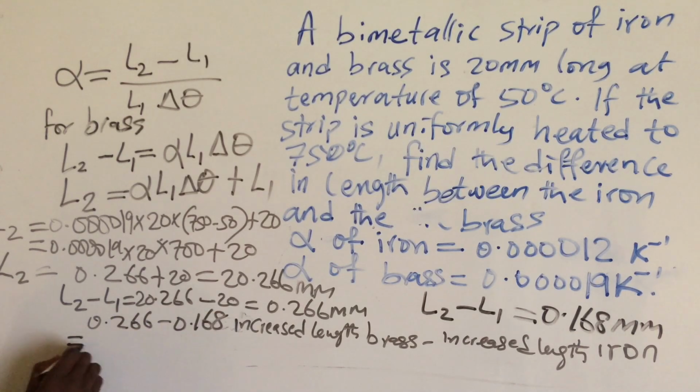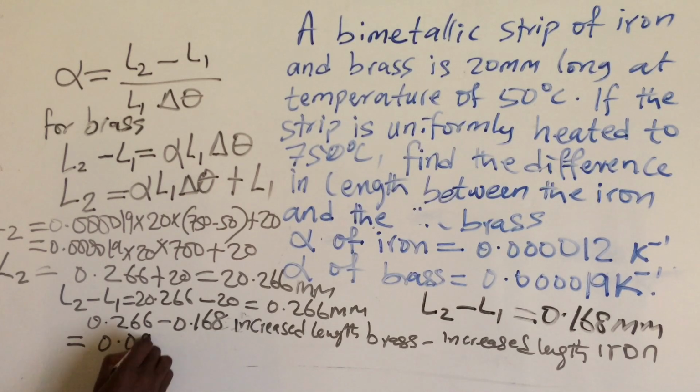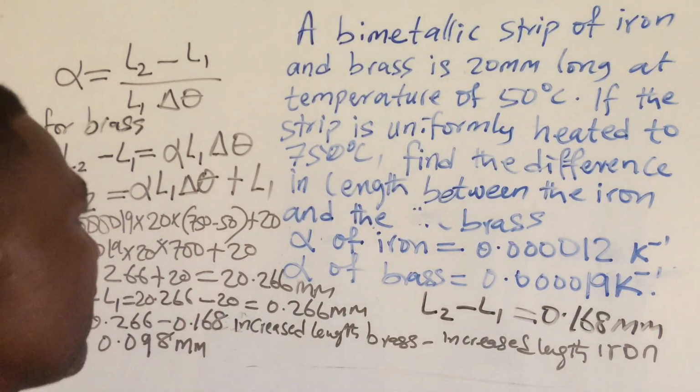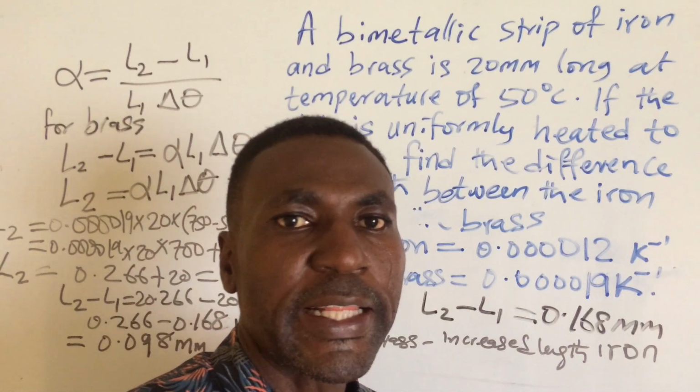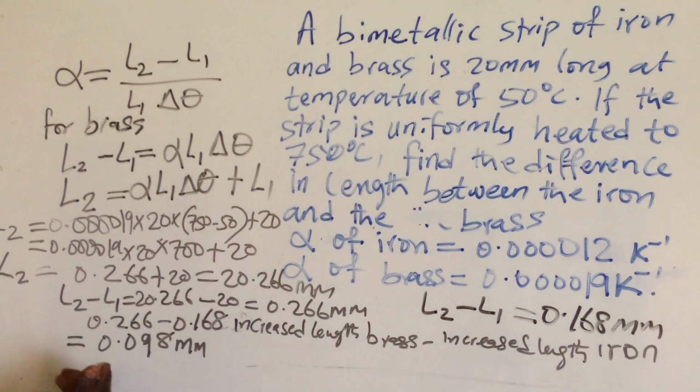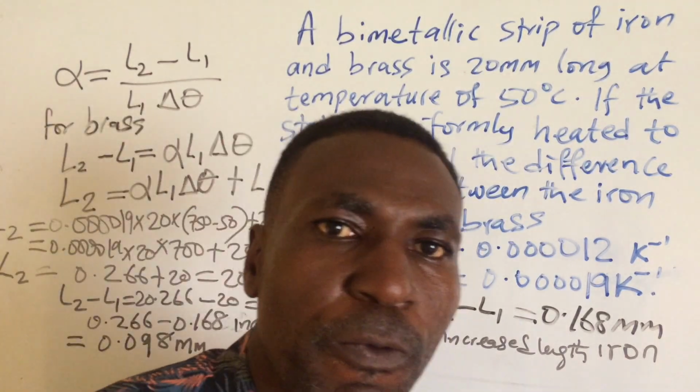The answer will become 0.098 millimeter. That is the difference. The difference in length between brass and iron is 0.098 millimeter.